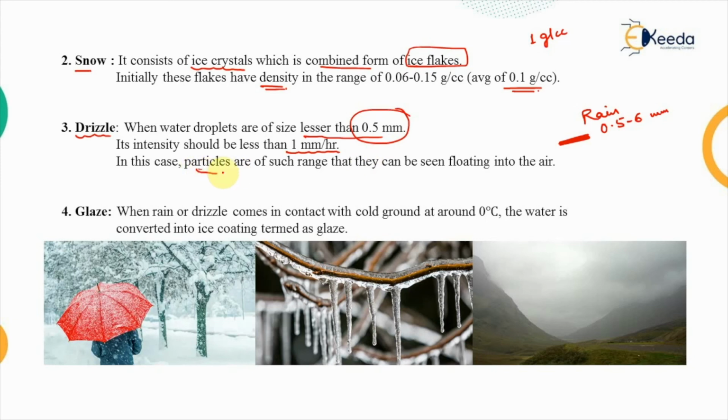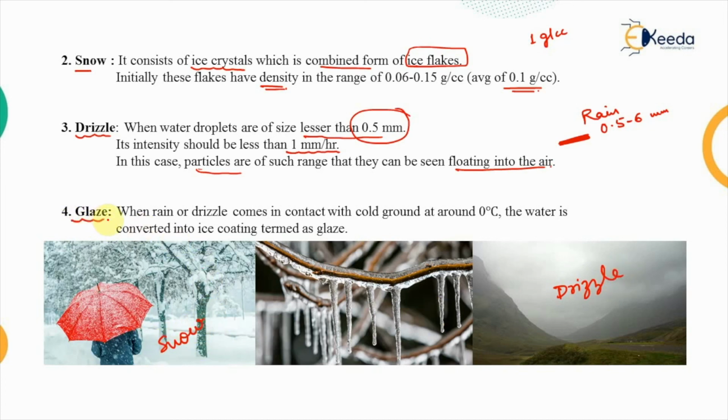In this case, particles look like they are floating in the air. Whenever there is very low intensity of rainfall, you might have observed the droplets are almost stationary in the atmosphere, so it looks like the entire atmosphere is moist. This image is representing drizzle; the first image was representing snow.